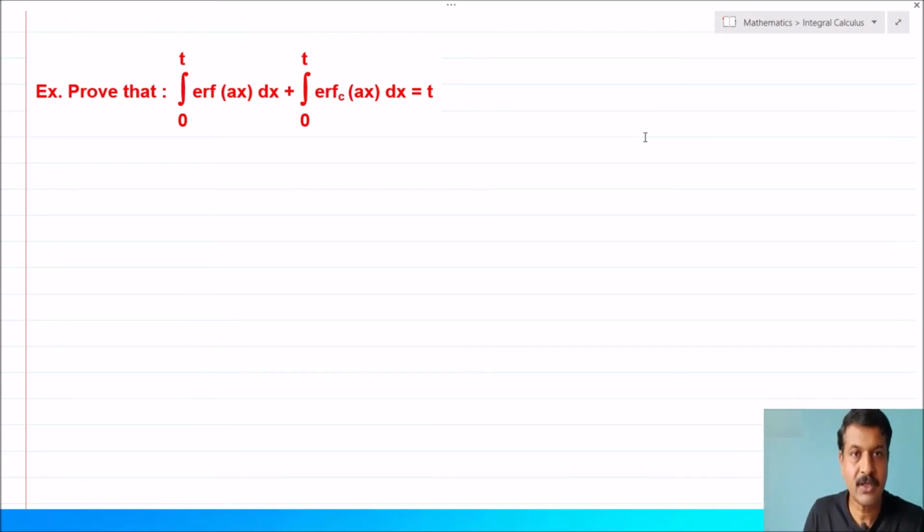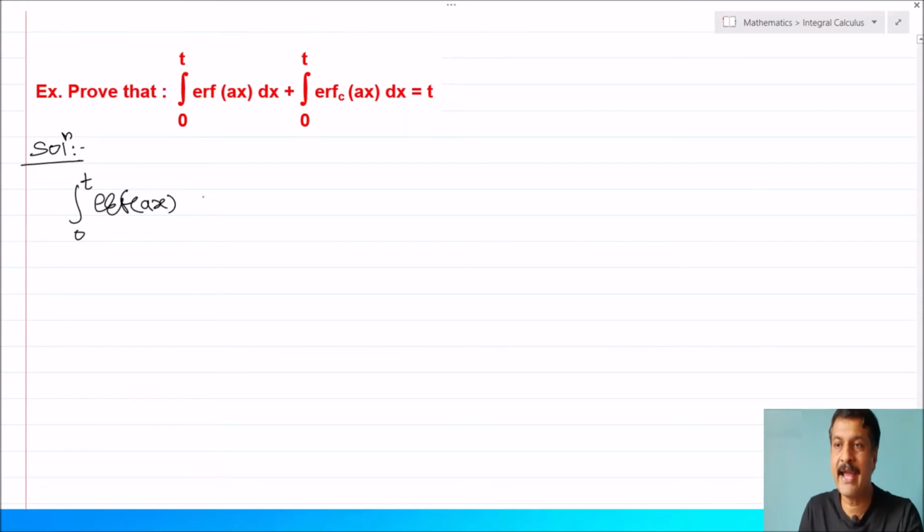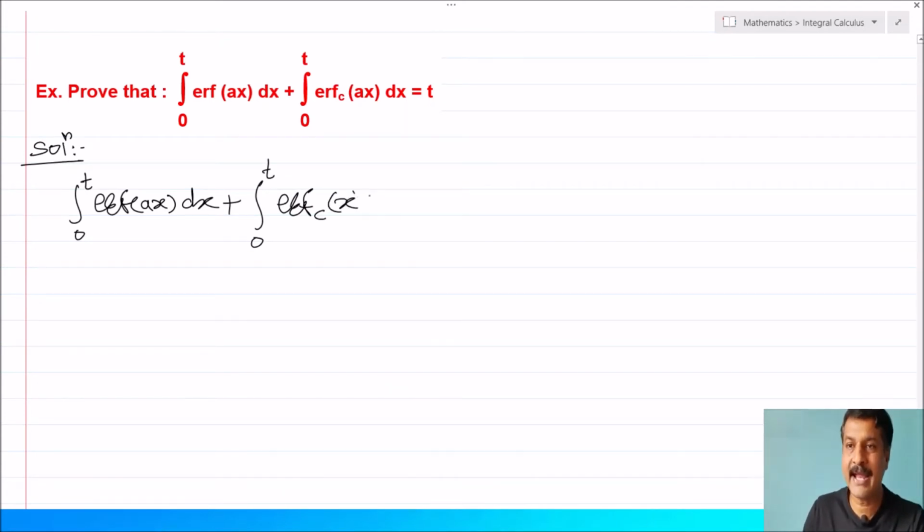Now next, example: prove that integration 0 to t error function of ax dx plus integration from 0 to t complement of error function of ax dx equal to t. So very simple way you can prove this one. How? So here integration 0 to t error function of ax dx plus integration of 0 to t complement of error function of ax dx, and that is equal to.